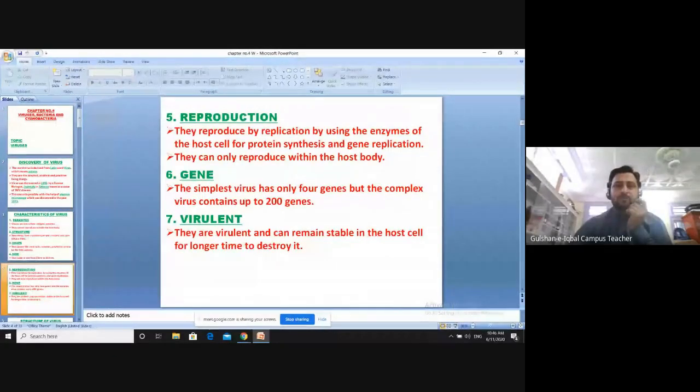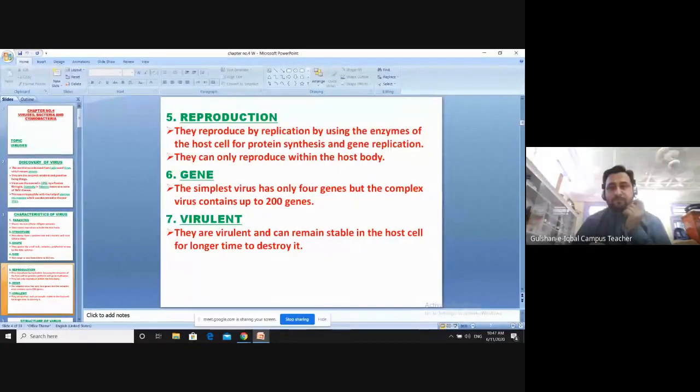Let's see reproduction of the virus. Virus basically does not have any sexual or asexual reproduction present in them, but they can produce replications. They can make their copies. Okay, and the copies are made by the enzymes which are present in their body. They inject that enzyme into the host body for protein synthesis and then gene replication.